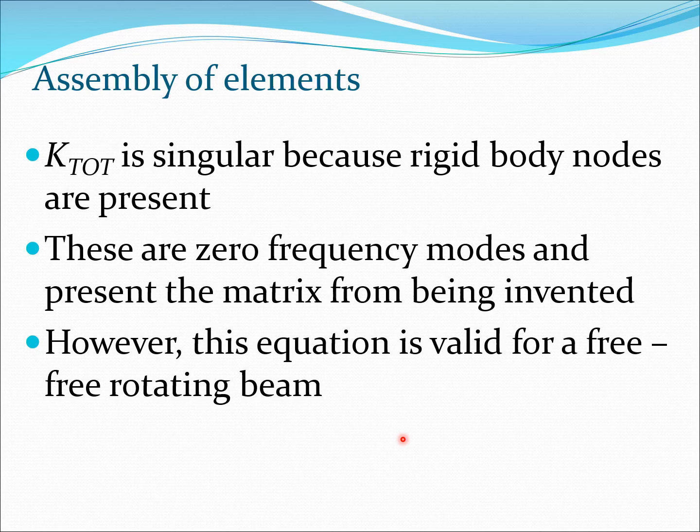Okay, and a free beam essentially has free boundary conditions at both ends, that is the moment is 0 and the shear force is 0. So there are going to be some zero frequency modes present here. You can imagine if there is a free beam, there is going to be a pure vertical motion and there is going to be a seesaw type motion present in this beam, which are the two zero frequency modes. So we need to remove this or we are going to encounter these singularities.